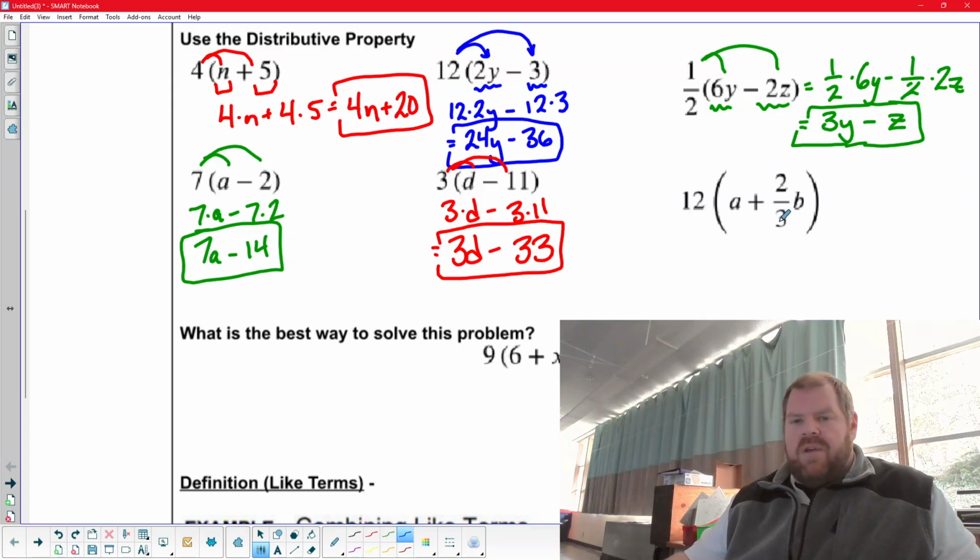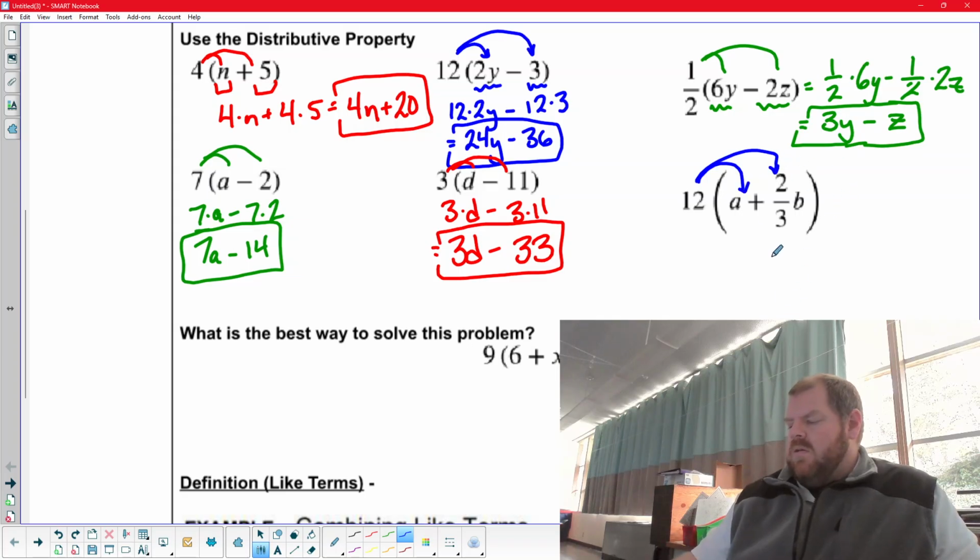The last one over here, I have 12 times A plus 2/3 B. We'll just do the same thing that we've been doing: 12 times A plus 12 times 2/3 B. 12 times A is just going to be 12A.